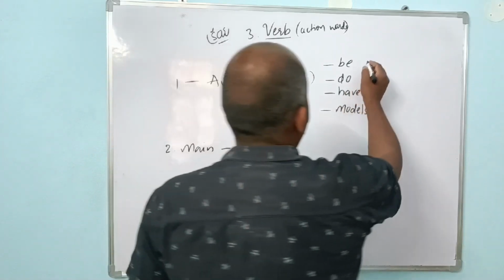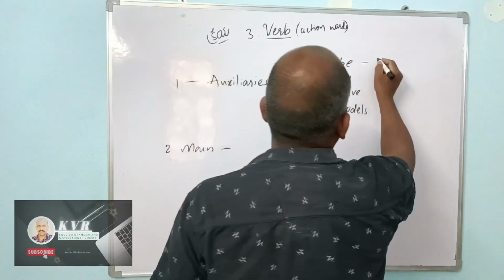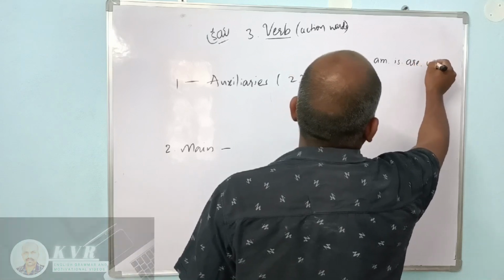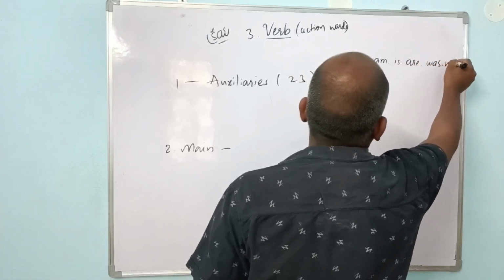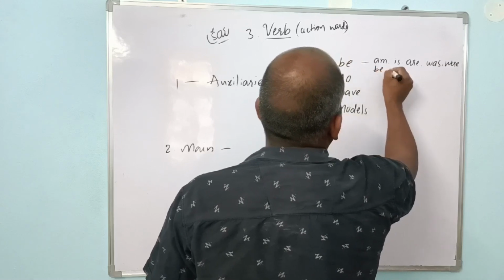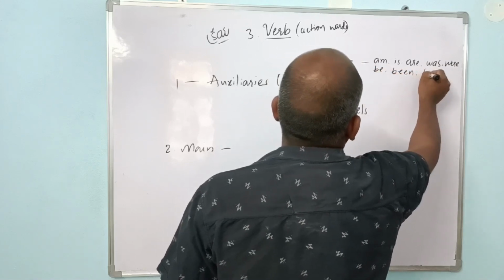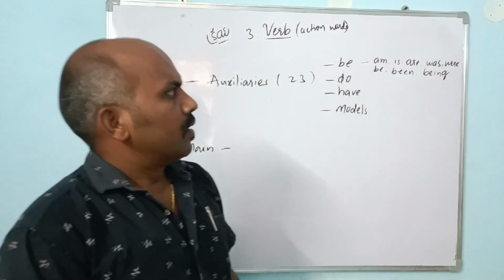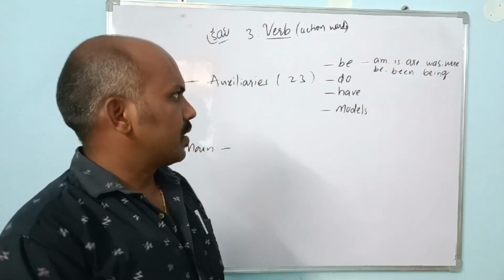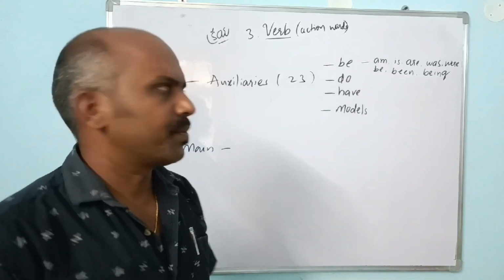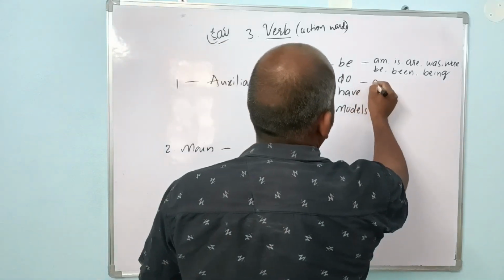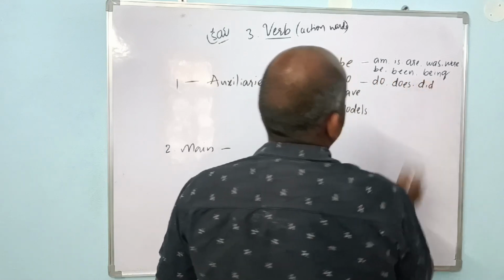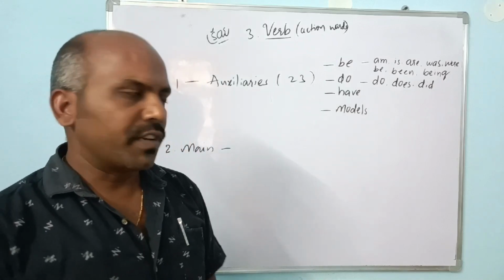And what are the be forms? Be forms are am, is, are, was, were, be, been, and being. Those are 8 auxiliaries that come under be forms. And coming to do forms: do, does, and did. Those three come under do forms.